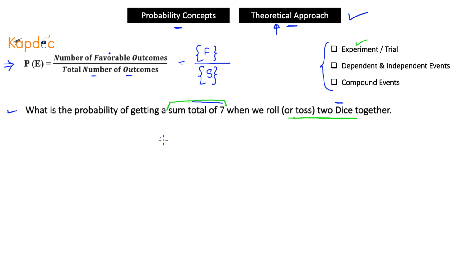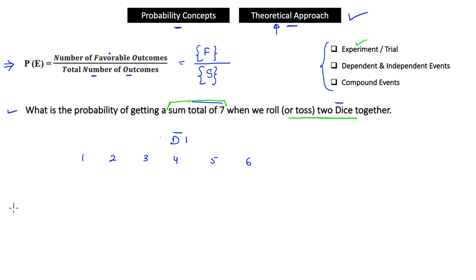So let's do this. Let's draw a diagram. It is called a matrix structure. It is very useful when there are only two events happening at the same time. Okay, so here is my die 1. It is 1, 2, 3, 4, 5, 6, because these are all the 6 possible outcomes that could happen when you roll a die, right?